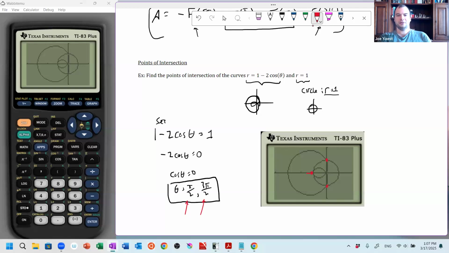Well, if I set r1 equal to r2, what I'm saying is, when I have this theta, this is r1, this is r2, so 1 and maybe negative 2/3 or something like that. Those aren't the same thing.